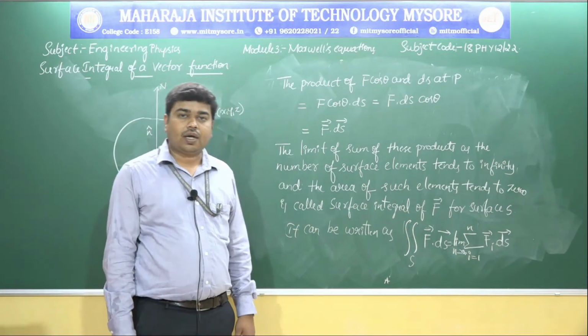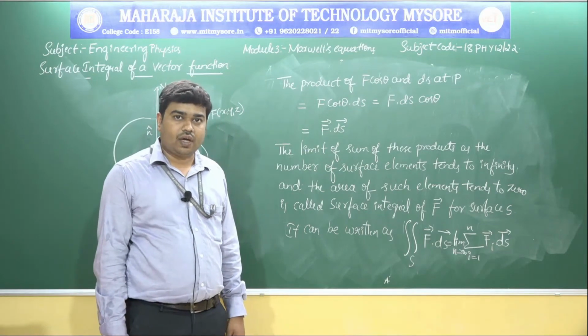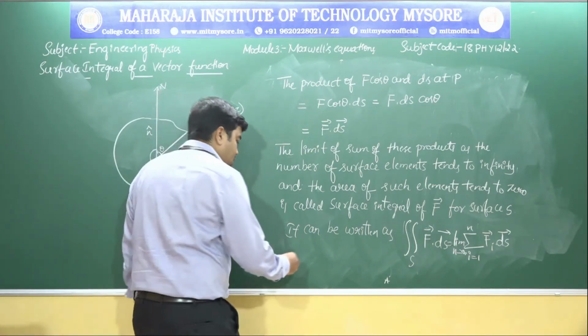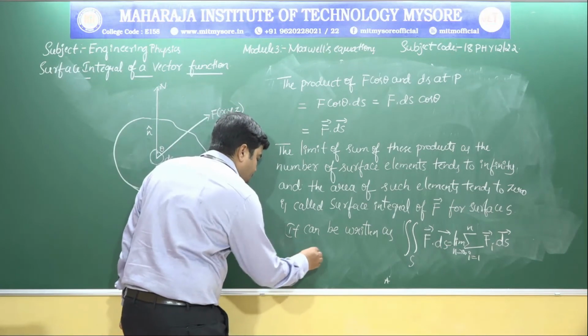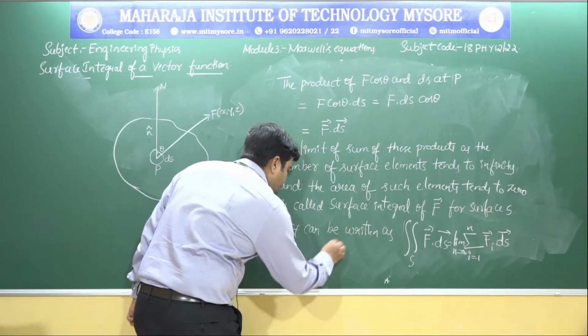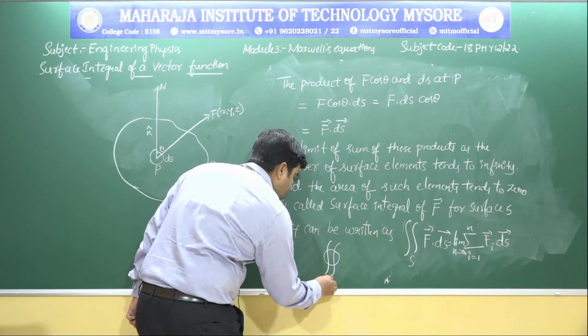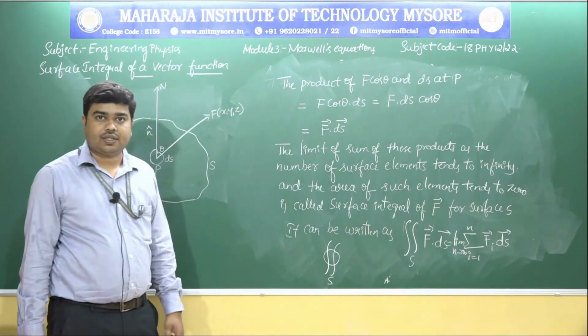If the surface integral has to be calculated for a closed surface, then the surface integral is represented by the double integral with a circle over the closed surface S.